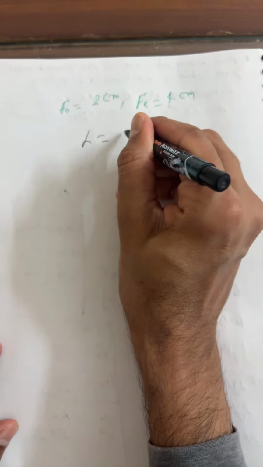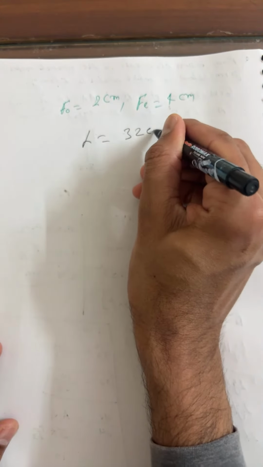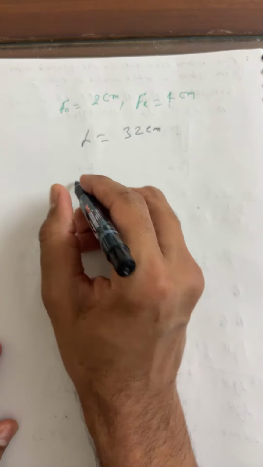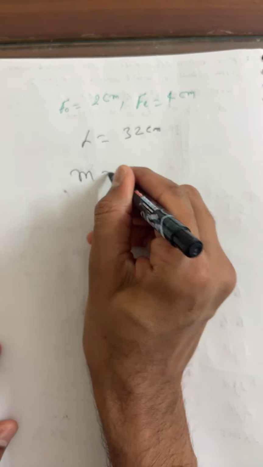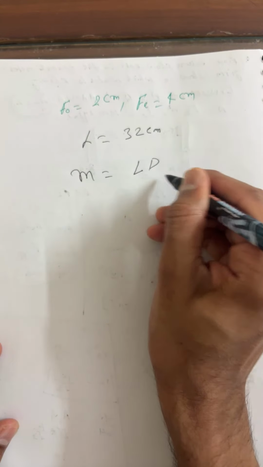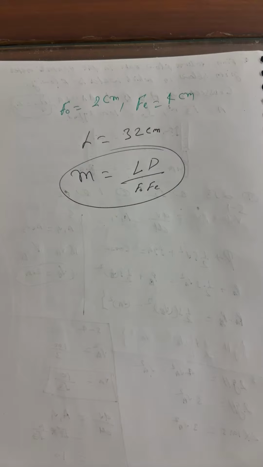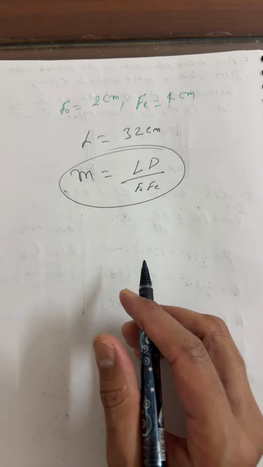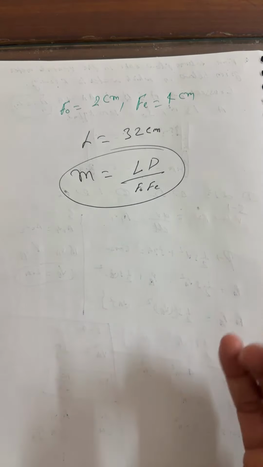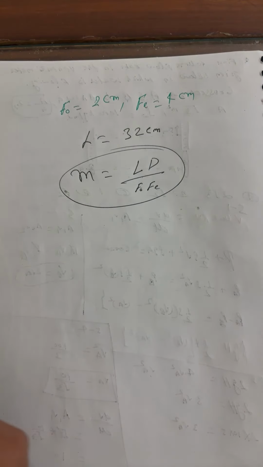Length of tube is also mentioned, 32 centimeter. We have to find magnification. So it's a simple formula: L into D upon FO by FE. This is what we have to find. There is one more question I remember, but I'm not pretty confident because the data is not sufficient.